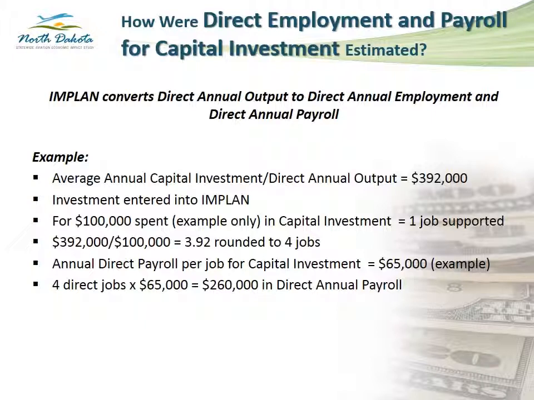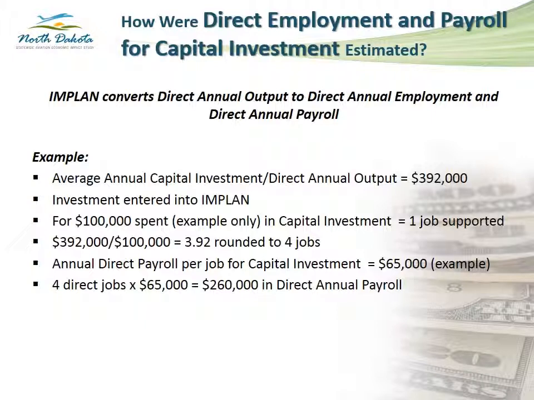The model in this particular example indicates that for every $100,000 spent in the capital investment category, one job is supported. This one job can be spread out among many categories, such as engineering, planning and design, permitting, and actual construction. In this example, the $392,000 in average annual capital investment divided by $100,000 shows that while projects were actually being implemented, 3.92 jobs were supported.